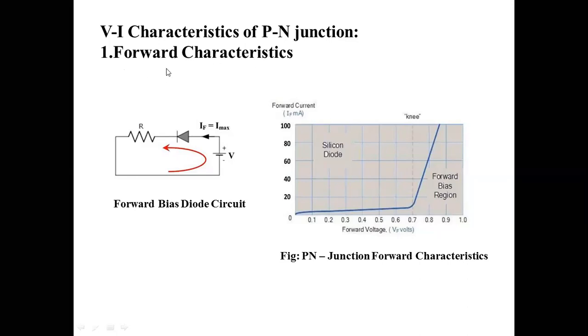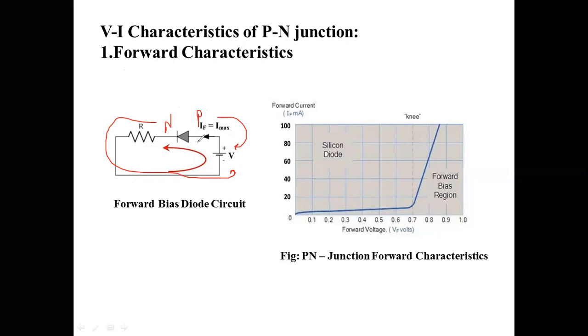Forward characteristic will be because of forward voltage and forward current. You can see forward bias here, where this is the p side and this is the n side. P is connected to the positive terminal of the battery, and the n side is connected to the negative terminal of the battery.